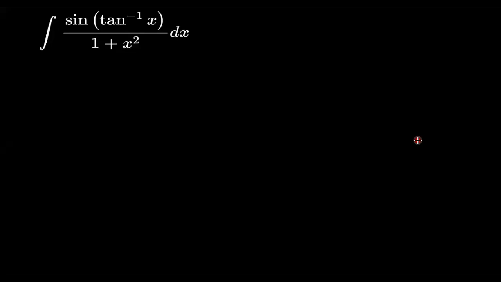We are going to take one more question, and I would like you to suggest a substitution here. The substitution is only to make the question simpler, to reduce this into a standard formula. And we said we should substitute a function whose derivative is also given.